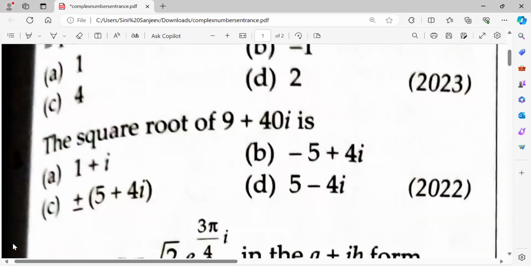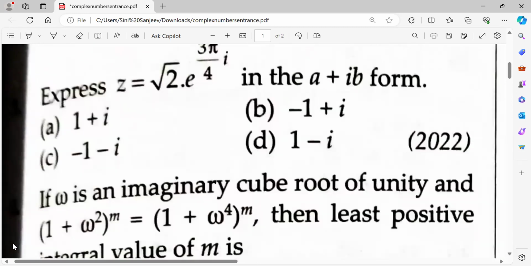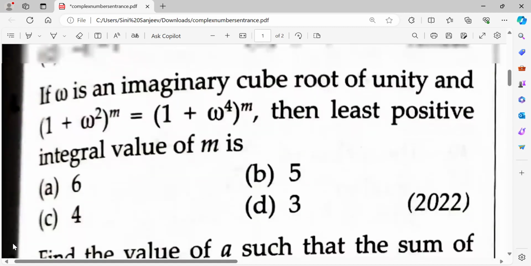Yeah, the next one. Square root of this. Else I'll just go with this last one. I've got time, because that is a very easy question. I'll go to this.